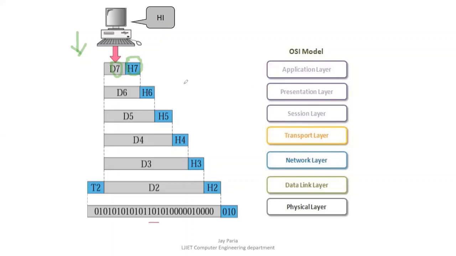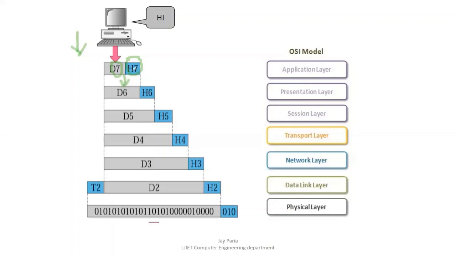Now in the application layer the data will get some header added. So D7 and H7 become the whole data and it will be passed to the presentation layer. When it is passed to the presentation layer, D7 and H7 together are known as D6.